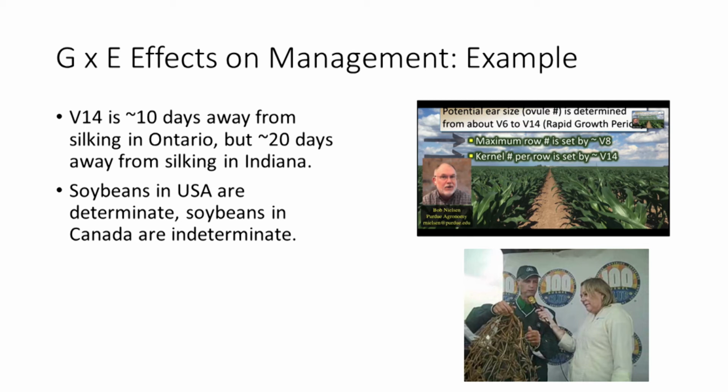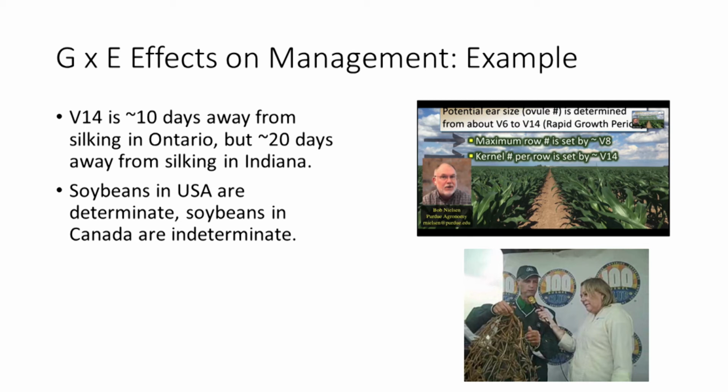Whereas in Ontario, V14 is about 10 days away from silking. This, of course, will depend on the year and where you are in the province, but generally you have a lot more days of growth left after V14 in Indiana. Okay, and so that is going to influence the type of management factors, right? Doing something 20 days before silking is different than doing it 10 days before silking.